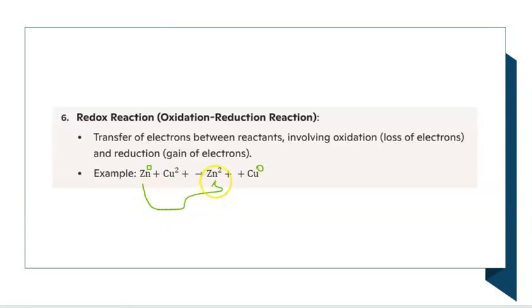The oxidation number here is +2. And here, copper from +2 goes to 0. Then this zinc is increasing the oxidation number, but copper is reducing the oxidation number.